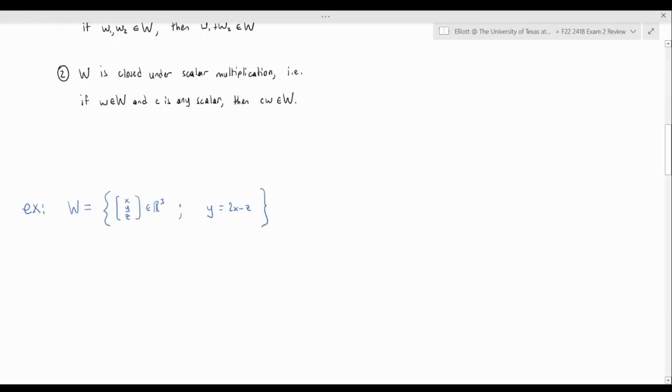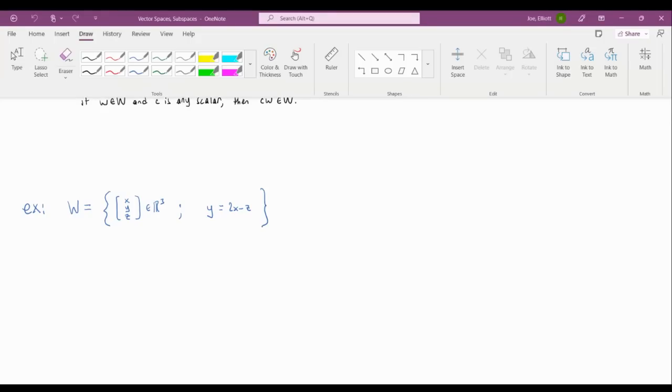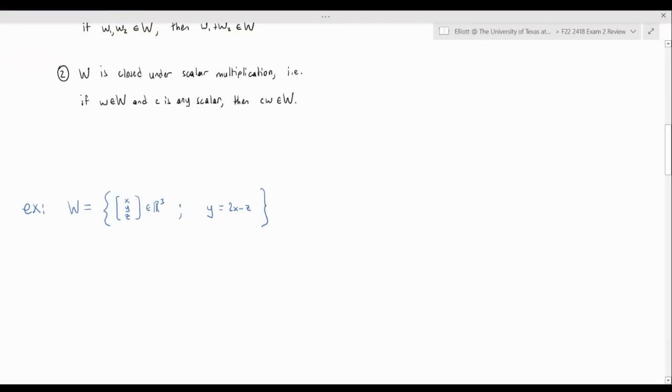The reason why you don't need to check the zero vector is this second condition about scalar multiplication. Since this is supposed to be true for any scalar, it's true in particular for the scalar 0. So as a consequence of the second condition, the 0 vector must always be inside of a subspace.